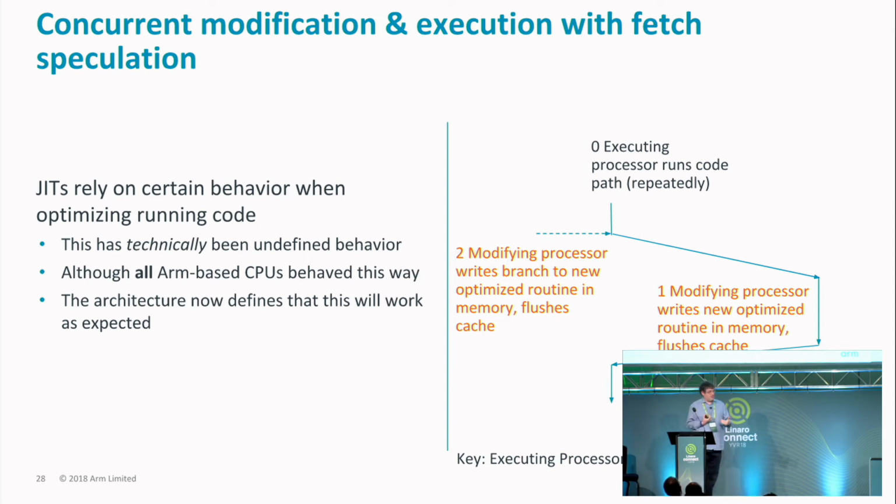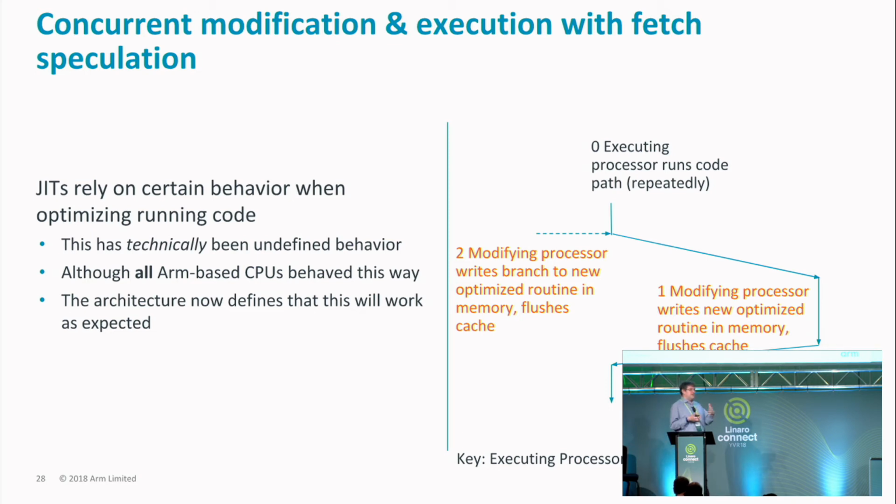So the point is that we have now made sure that 1 and 2 are ordered, so that if you've written and flushed your code out, and then you write the branch and flush that out, you can guarantee that you will get the new code when you do that branch.